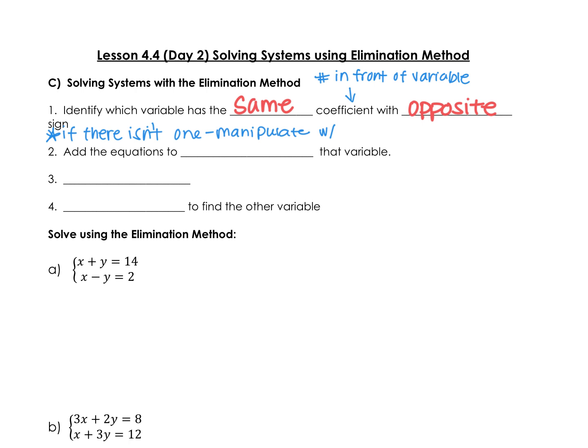So meaning same number, opposite sign. So you might have 4x and negative 4x or 7y and negative 7y. Does that make sense? And so if there isn't one, we will manipulate with multiplication to make one.